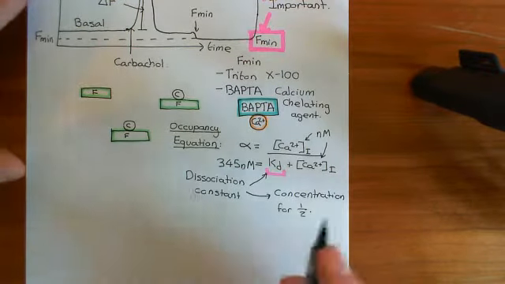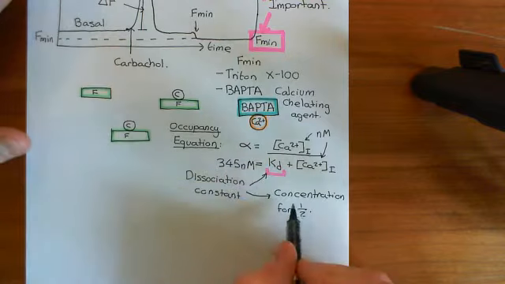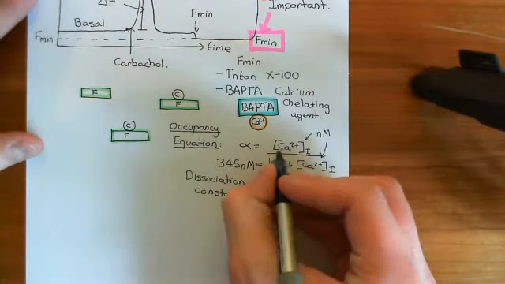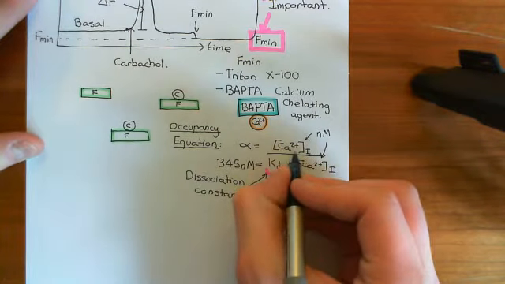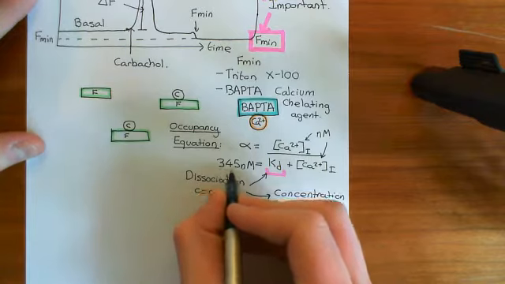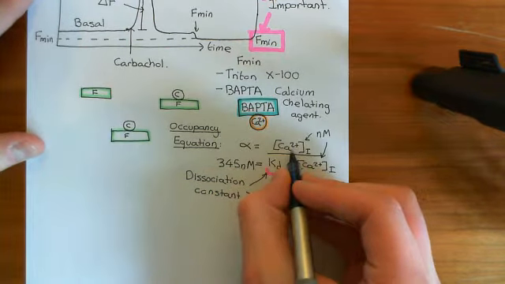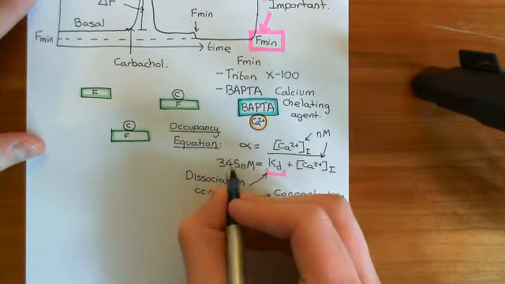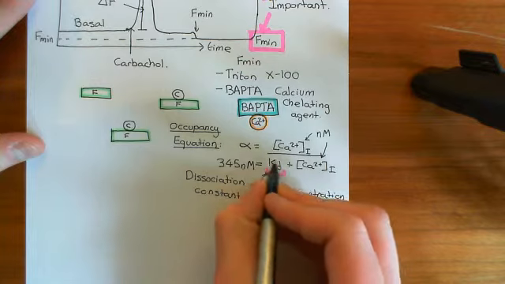So why is this dissociation constant equal to the concentration which will give you half occupancy? Well, let's just imagine that the intracellular calcium concentration was 345 nanomolar, so the calcium concentration inside the cells is just equal to the dissociation constant.